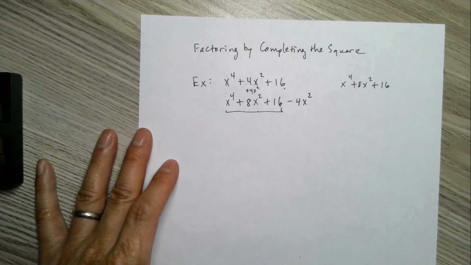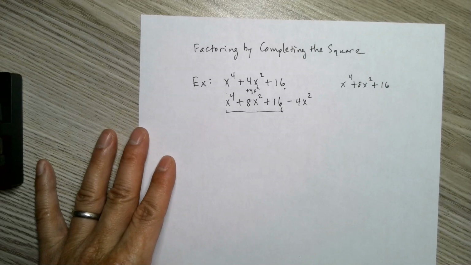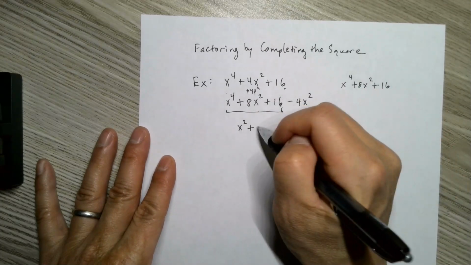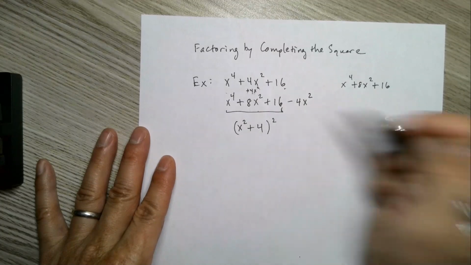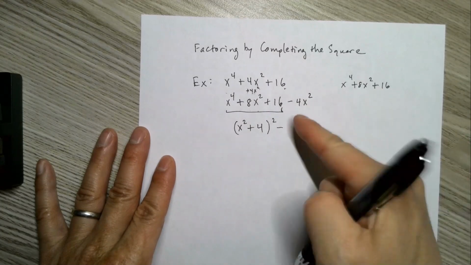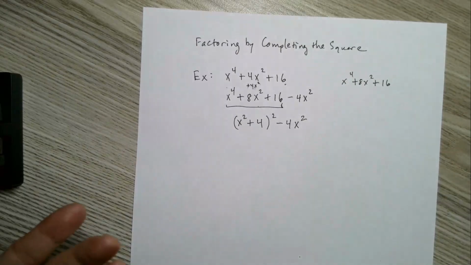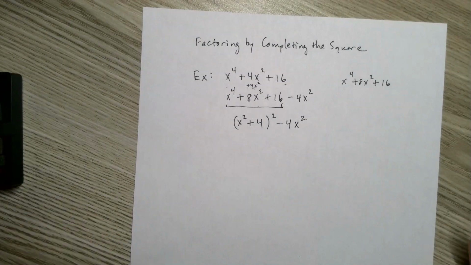So now I can factor those 3 terms. Like so. And I have my minus 4x squared here. And now it looks like those previous 2 examples I did with the 4 terms.